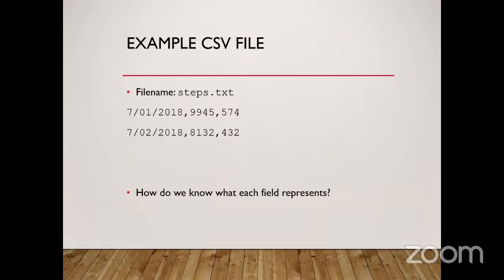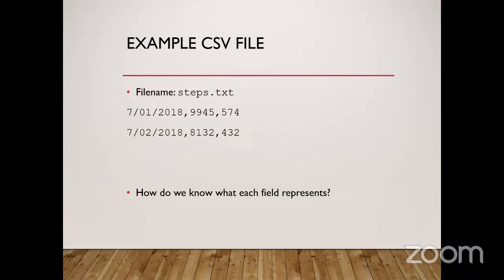So this is a really short example of what a comma separated text file might look like. And based on being in the United States, I can look at that and go, the first one looks like a date format. The second one is just random numbers with no indication.